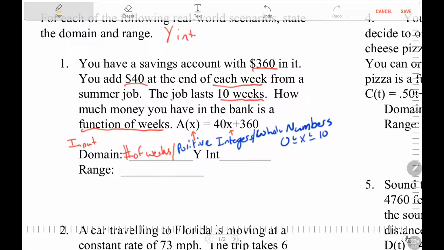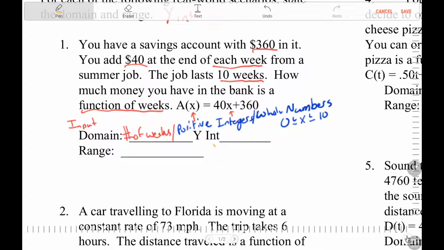When we talk about the domain, know these two things: what in the context is the input, and what types of numbers can go in. When we talk about the y-intercept, this is really the initial amount, or in other words, when x, or whatever your input is, equals 0.